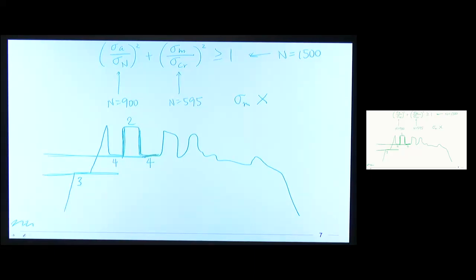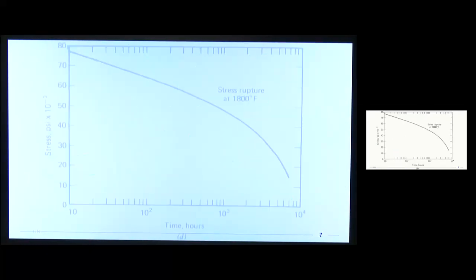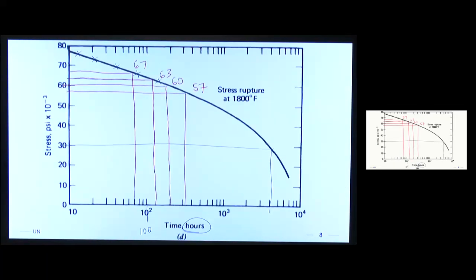On that diagram here. And so if we think about that, using that maximum stress and thinking about time, we're going to get a much more conservative value.